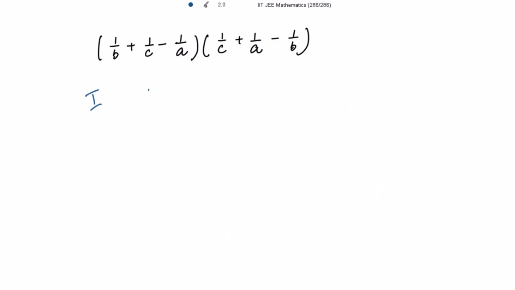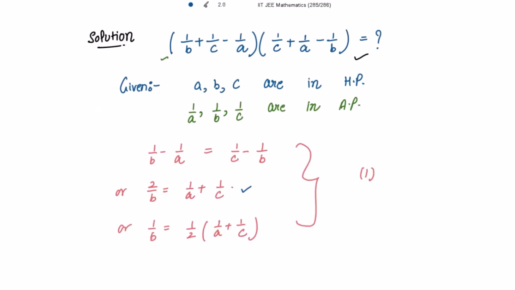First, we are going to put the value of 1 by A in this product. And what is 1 by A from the first equation? From this equation, we can get the value of 1 by A as 2 divided by B minus 1 divided by C, right? Let's substitute this value.